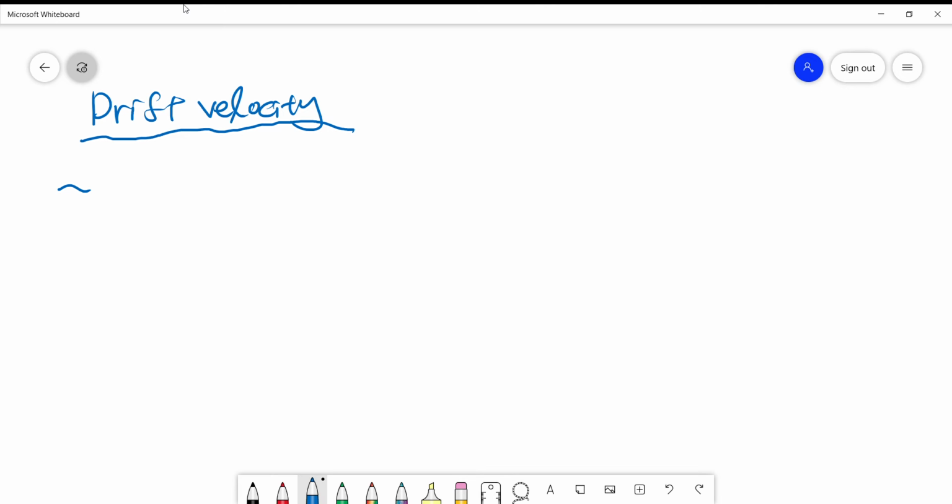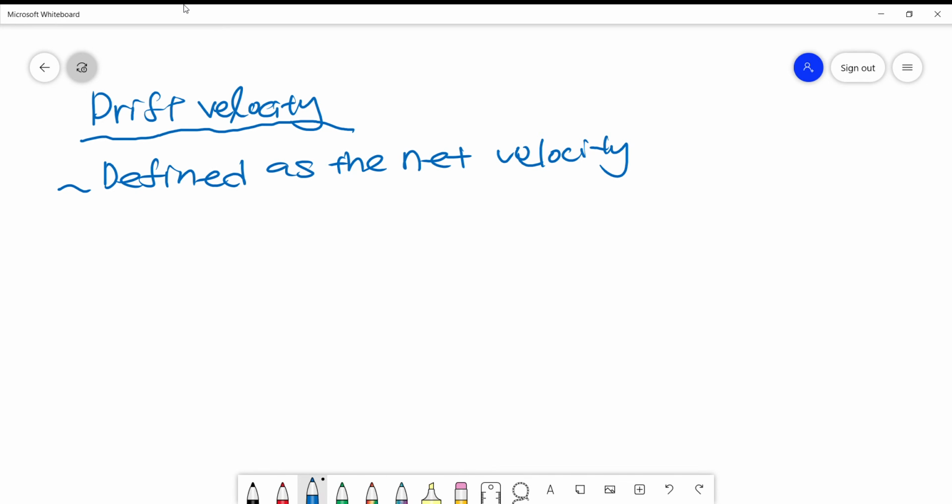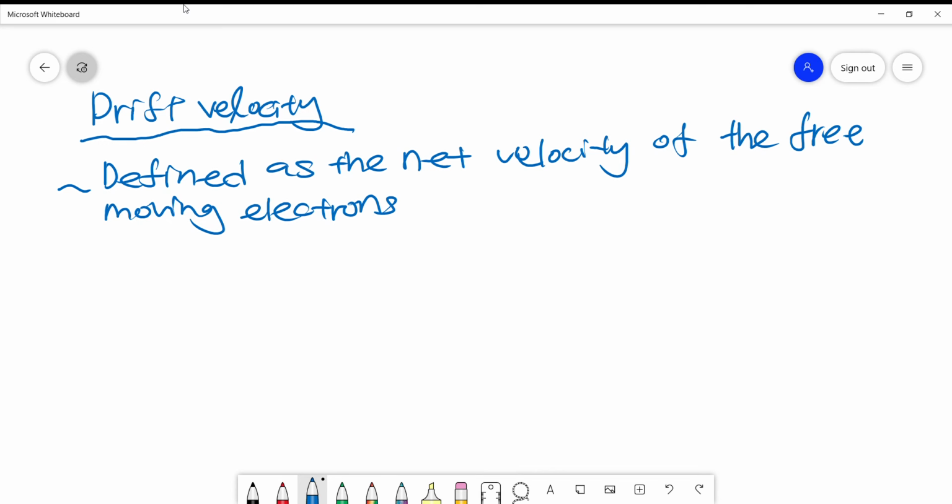The drift velocity is defined as the net velocity of the free moving electrons after colliding with the positive ions.